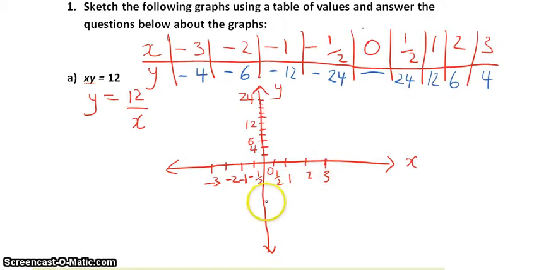Gotta have equal spacings. Okay, mine may actually not work out. So you then have -24, -12, -6, etc. Okay. Going to graph this, -3, -4, well that's about here. -2, -6.